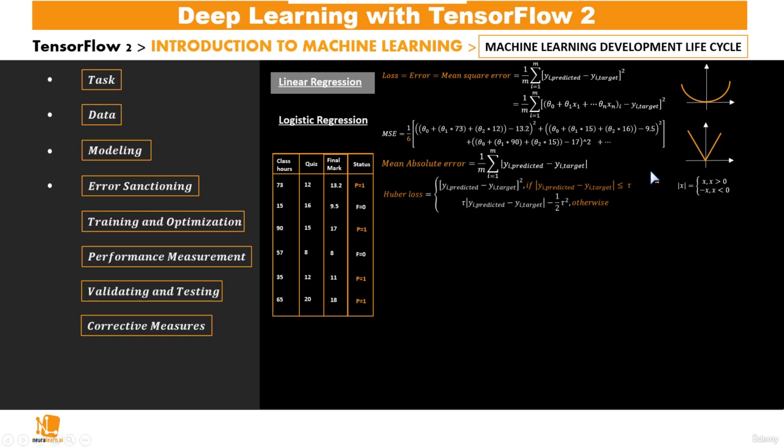So that's it for the Huber loss. Now, depending on your problem, there is a loss which is going to be the best fit. So for linear regression problems, the mean square error loss, mean absolute error, or Huber loss are some of the best loss functions we could use.